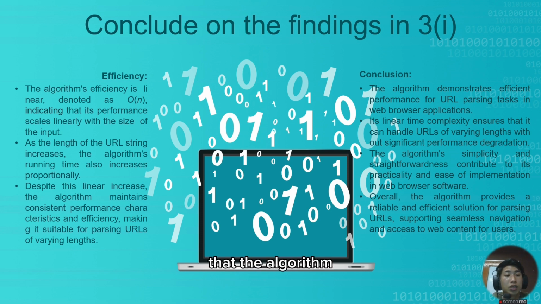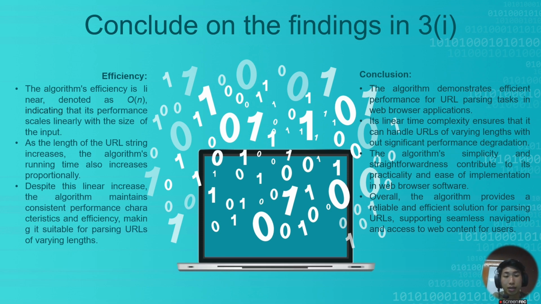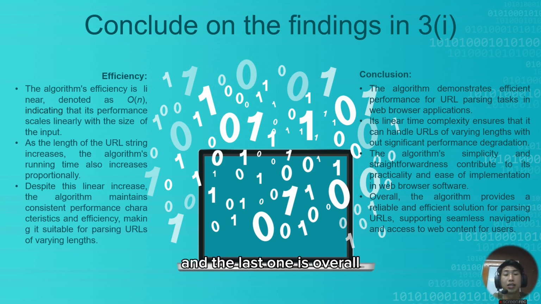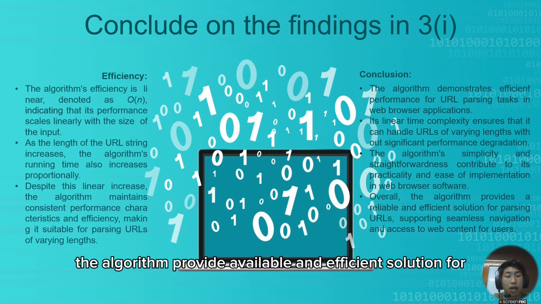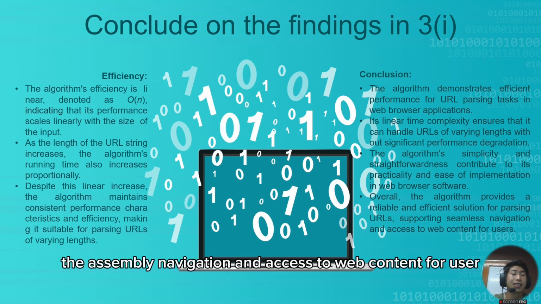Third, the algorithm's simplicity and straightforwardness contribute to its practicality and ease of implementation in web browser software. And the last one is overall, the algorithm provides a reliable and efficient solution for parsing URLs, supporting seamless navigation and access to web content for users.